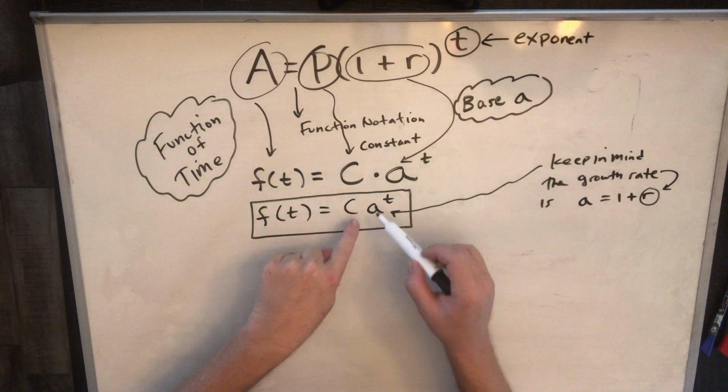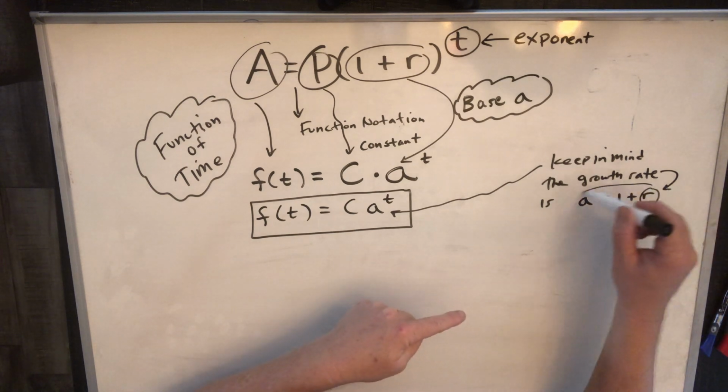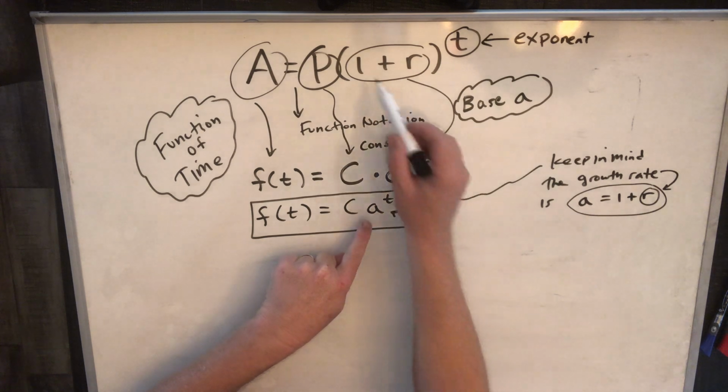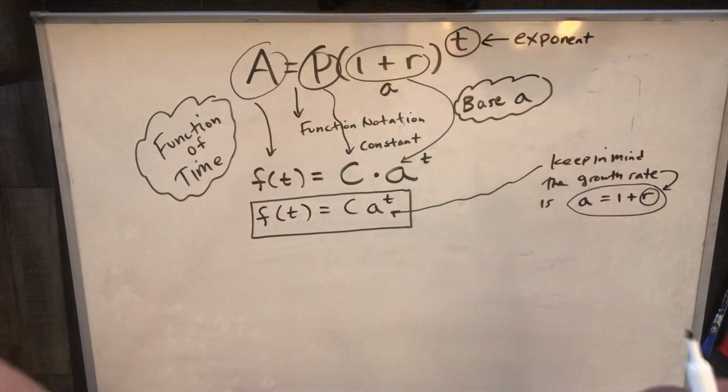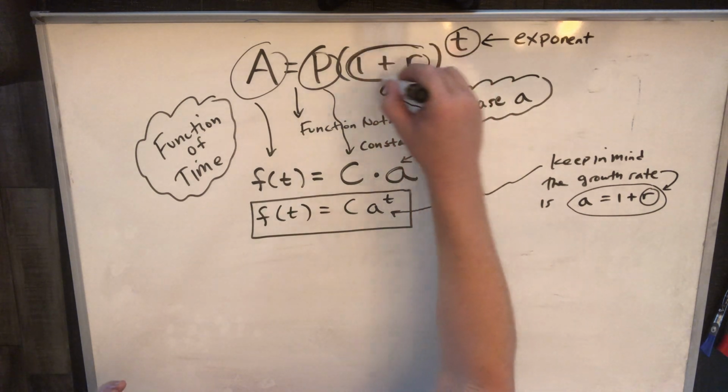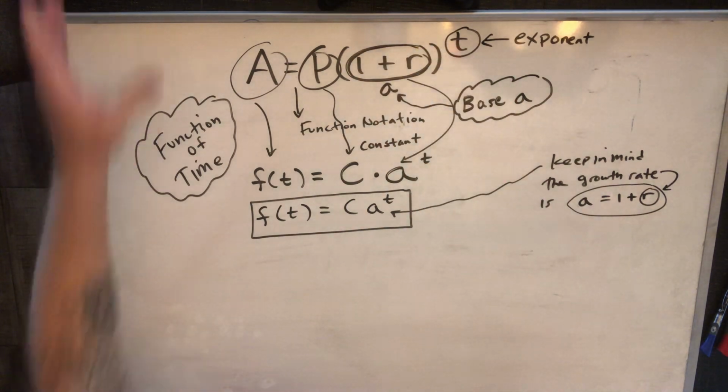You can't see it in the formula. You would have to extract it out of the A by keeping in mind that A is 1 plus R. 1 plus R is your A.